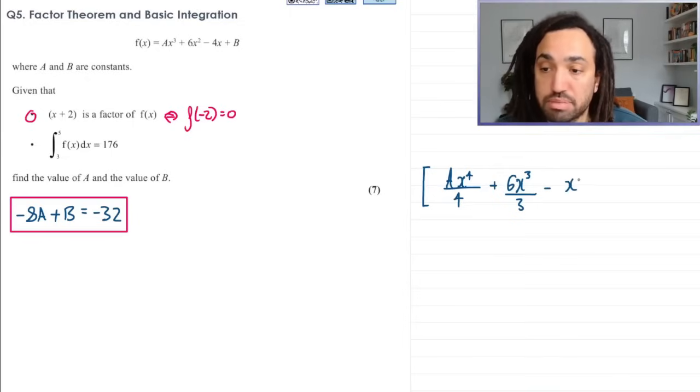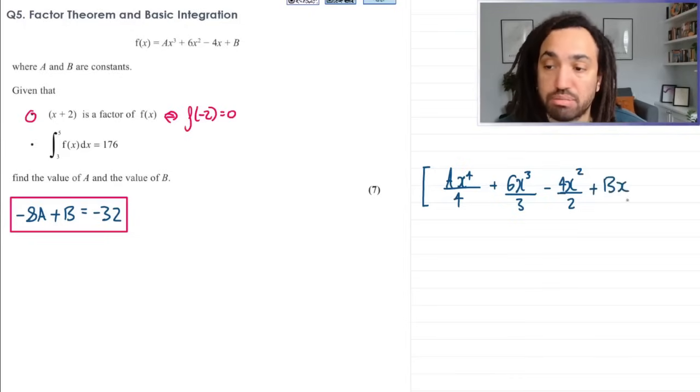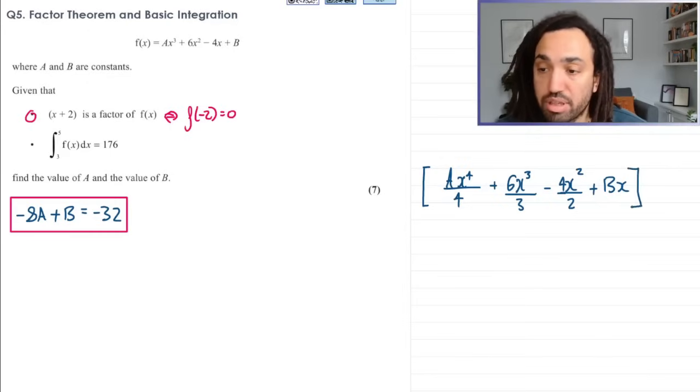So next, up the power to a 2, divide by the new power, and there's a 4 there, and then next is just b up the power, it becomes bx. And then when we sub in 5 and 3, we are going to get 176.